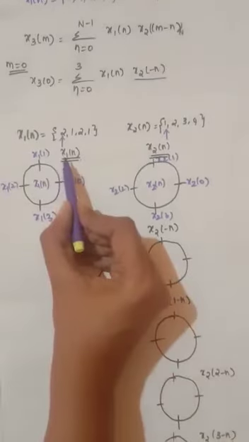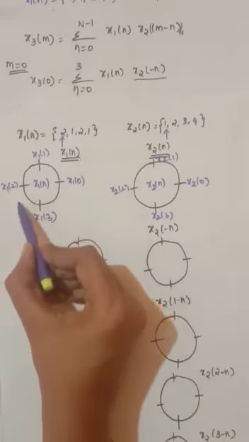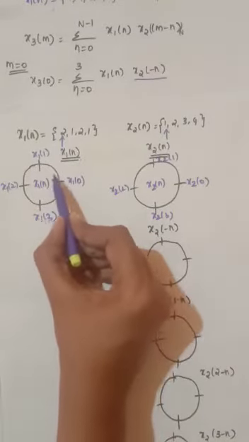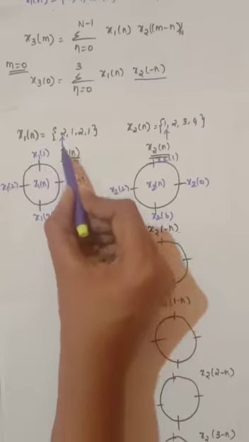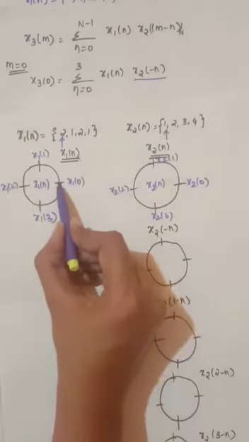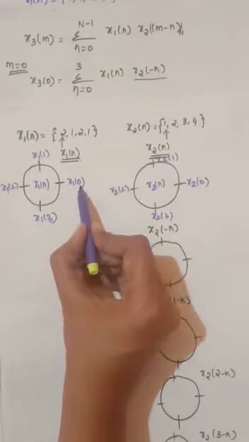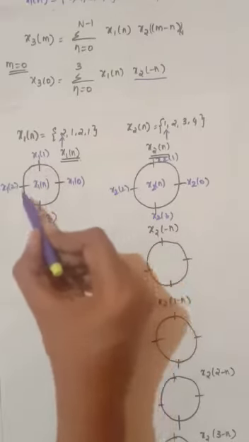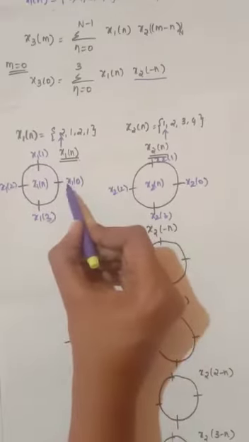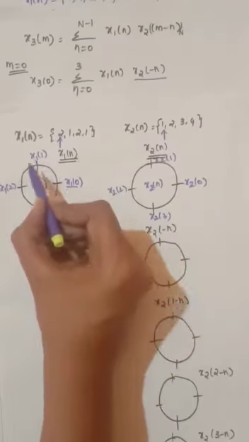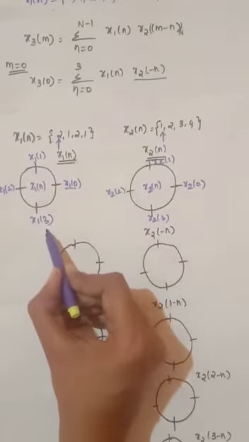I am considering a circle and plotting this sequence, starting from this side with x1 of 0 in the counterclockwise direction: x1 of 0, x1 of 1, x1 of 2 and x1 of 3.